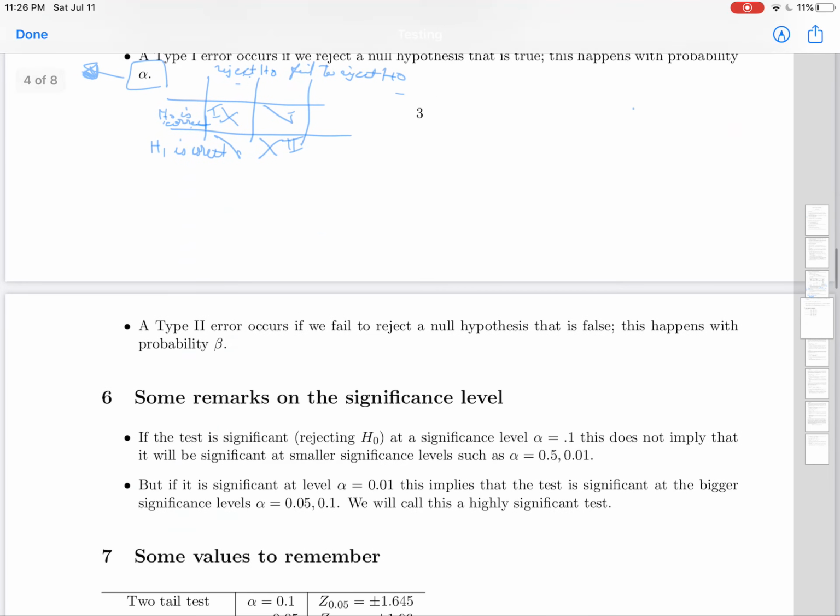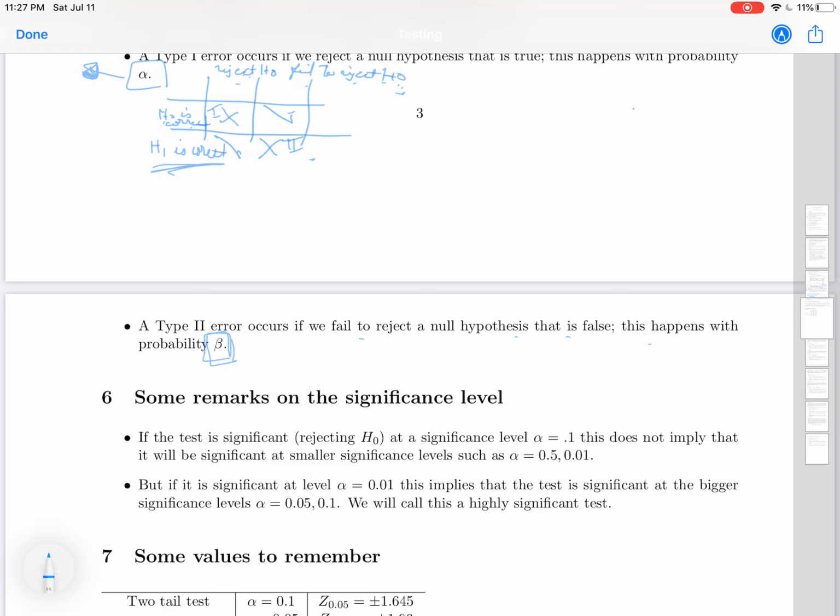What's the definition of type 1? You reject H0 while H0 is correct. And this will happen with a probability of alpha. Therefore, alpha is always something small because we care a lot about this probability.